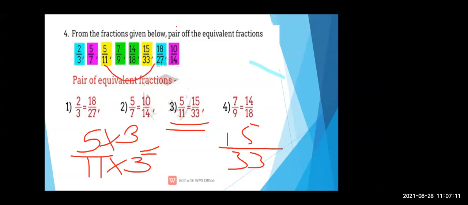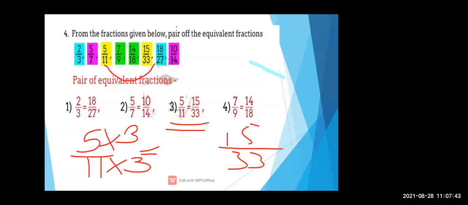The same way 7 upon 9 and 14 upon 18. Now 7 के table में how many times is 18? Very good. 9 2s is 18 and 7 2s is 14. So here 7 upon 9 is having a pair of 14 upon 18.